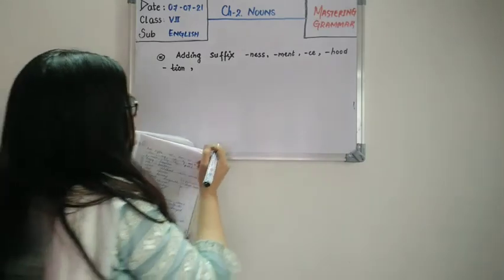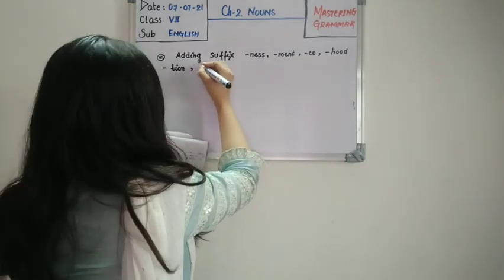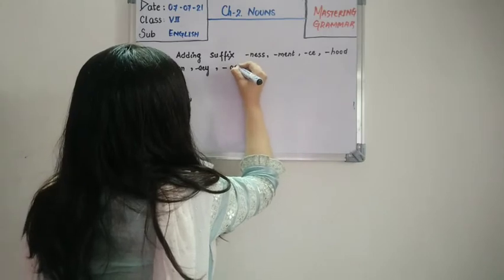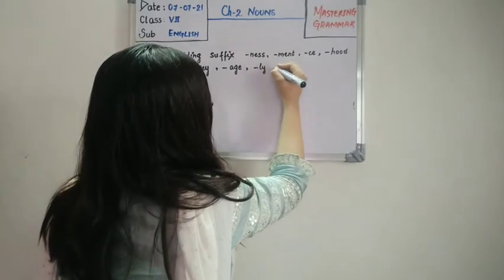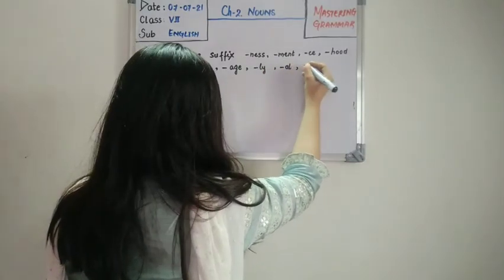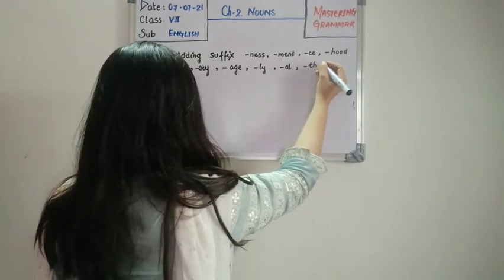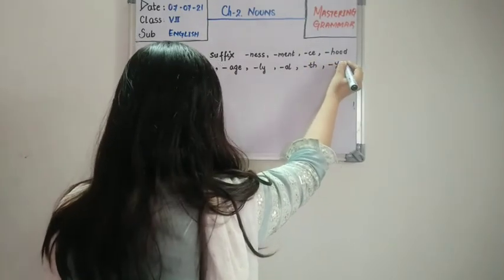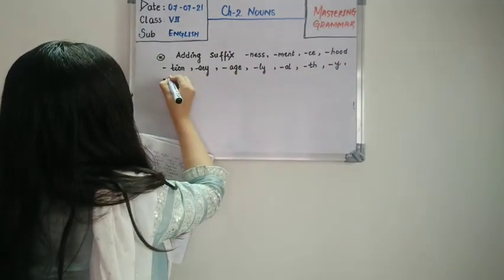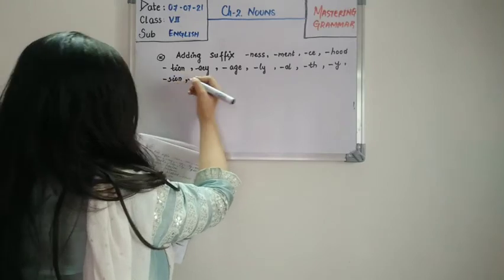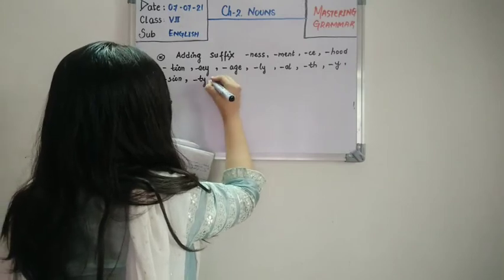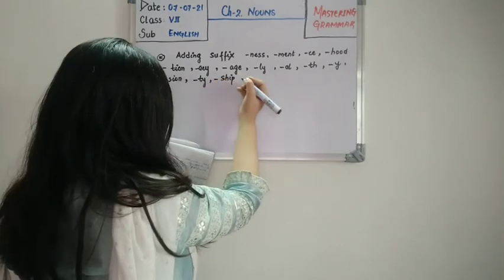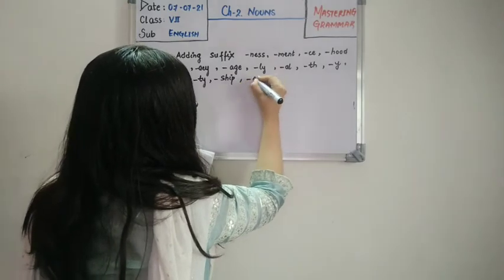Adding suffixes: ness, ment, CE, hood, shun, then ACY, then we have age, then LY, then AL, TH, Y, only Y, SION, then TY, then ship, then ICE.